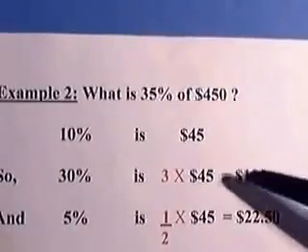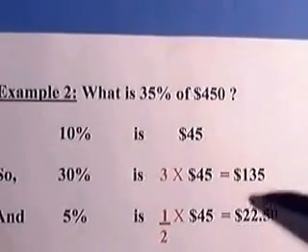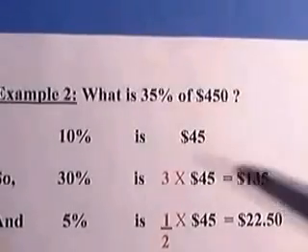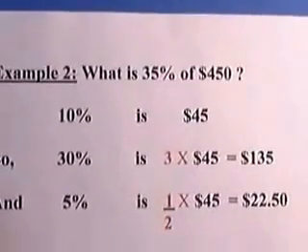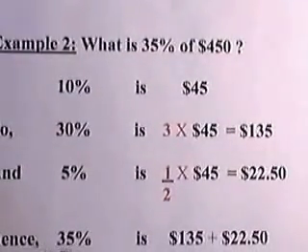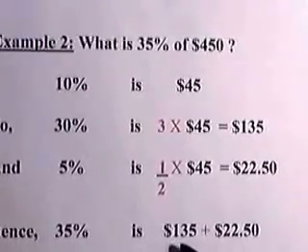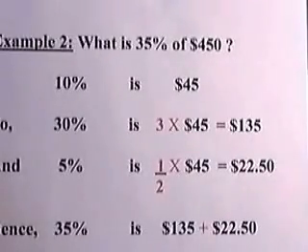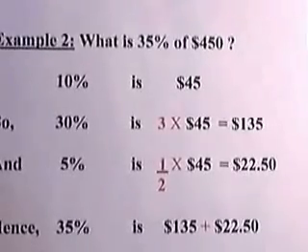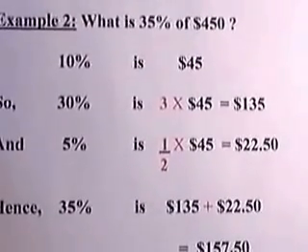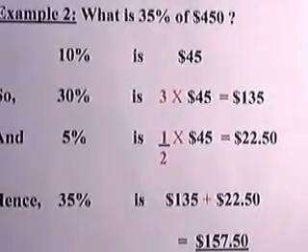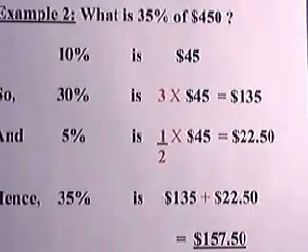That's how much 30% is, this is how much 5% is. You just add those two together. No calculator necessary. And there we are. Hence 35% is $157.50. Okay, that's the end of this first unit on basic percentages.